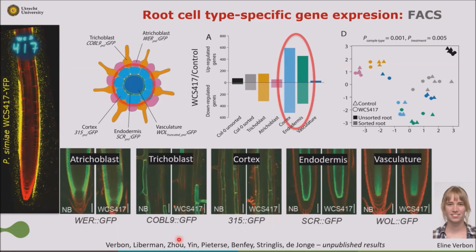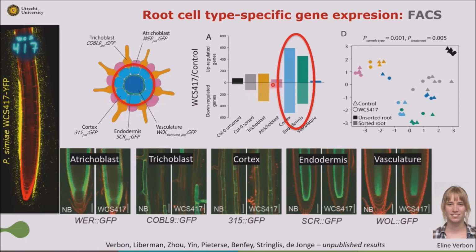One of the interesting things that we observed was that if you look at the number of genes that are induced in response to colonization of the roots by Pseudomonas bacteria, then we nicely see that not the root cells that are in immediate contact with the bacteria respond the best. Those are the orange and the purple ones.